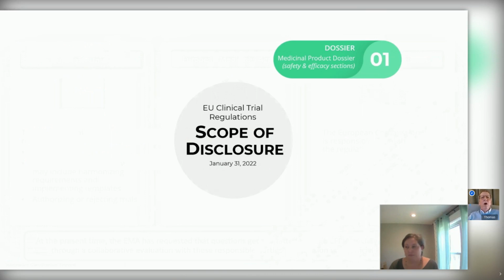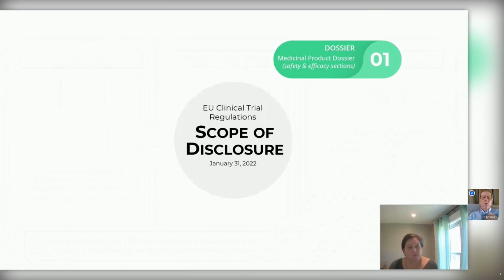And again, remember, there are options to defer some of these elements. And we'll have a grid at the end, which we won't dig through, but it's a resource. So when you get a copy of the presentation, if you request one, then you'll have that as a resource. And of course, the European Medicines Agency has a lot more detail on the deferrals. So we won't spend too much time on that today.